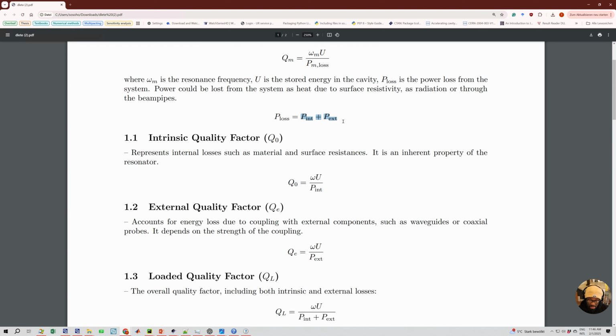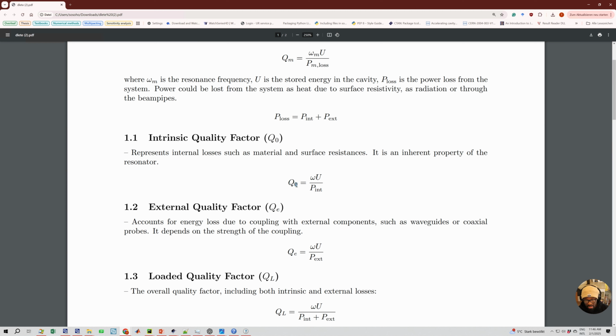Splitting this power loss into these two terms, we could define two separate quality factors. Number one is the intrinsic quality factor, which represents the internal losses in the system due to the surface resistances. It is an inherent property of the resonator, and it's designated Q naught.